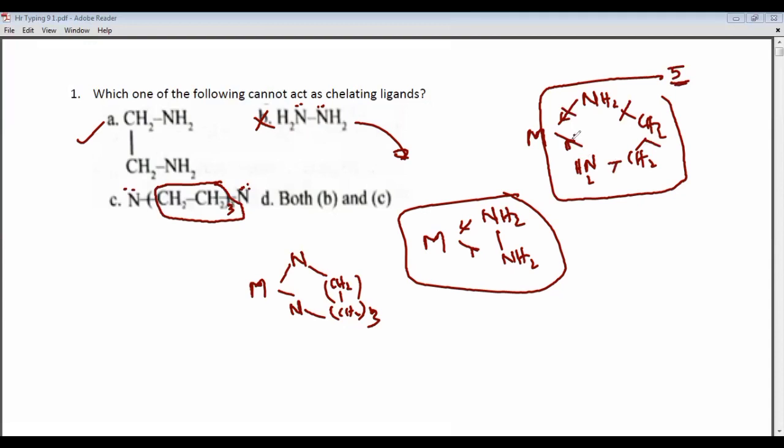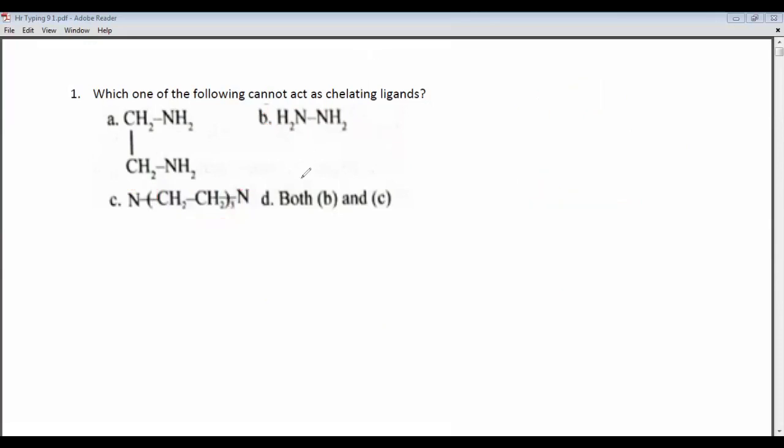If it is saturated, then it will be more stable. That is the concept. So the 5-membered cyclic ring is actually formed only in ethylene diamine. So we can choose that ethylene diamine can form the chelate complex.